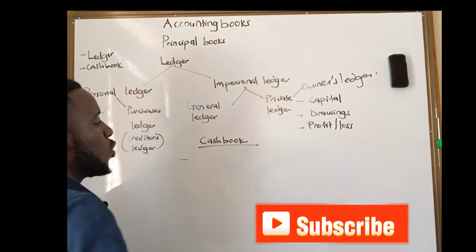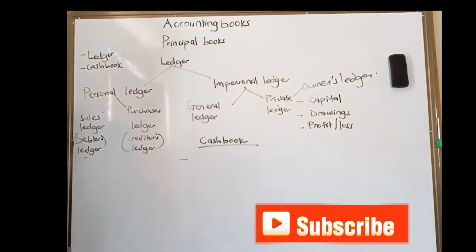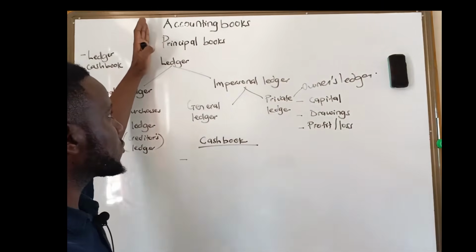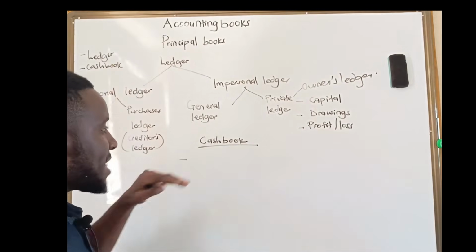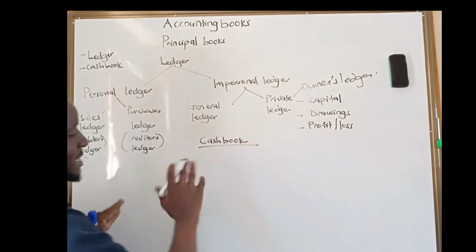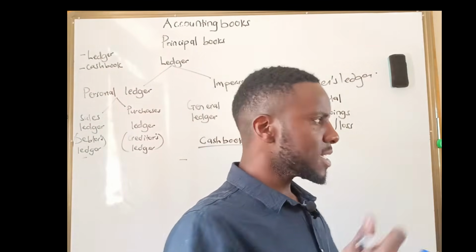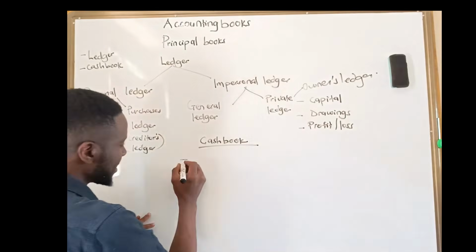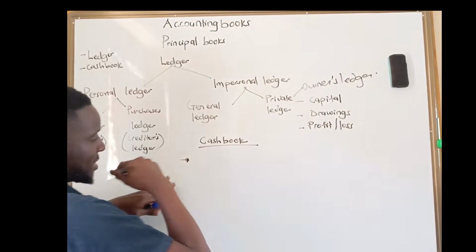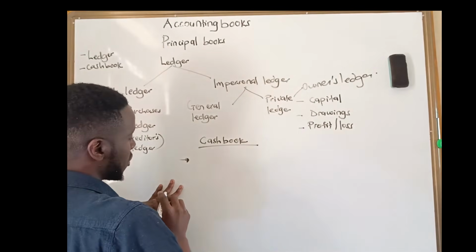Now, we say that the cash book is a principal book as well as a subsidiary book. But then it records only transactions of cash. So we look at the receipts and payments, like we shall see in our videos. Then the cash book has close to 3 examples.